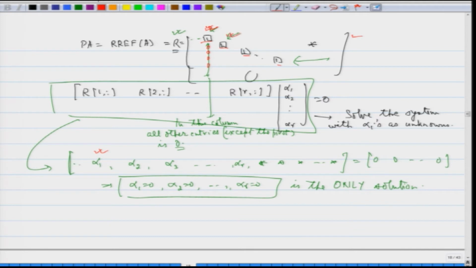Similarly, if I look here, it will be alpha 1 times 0, which is there already because it is an RREF, alpha 2 times 1, alpha 3 times 0, alpha 4 times 0. So, it will give me alpha 2. Again, this is a pivot, so every other entry here is 0, fine. So, I will get only alpha 3 and so on. Now I equate the two sides, and I get that alpha 1 is 0, all right. So, this is the only solution.